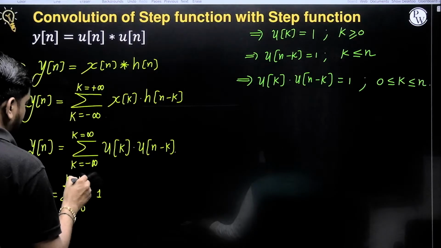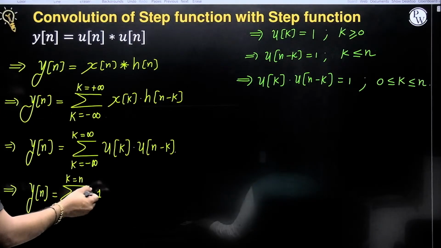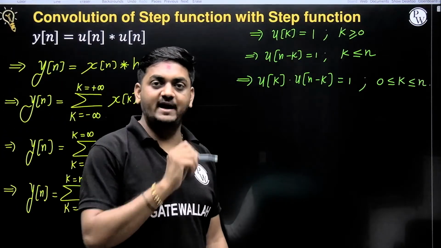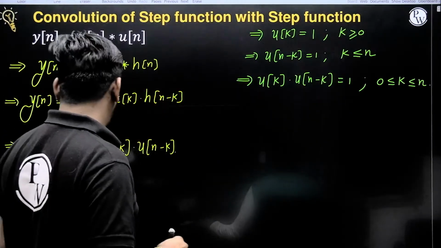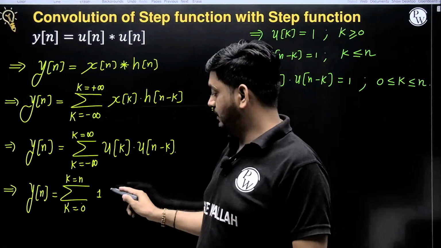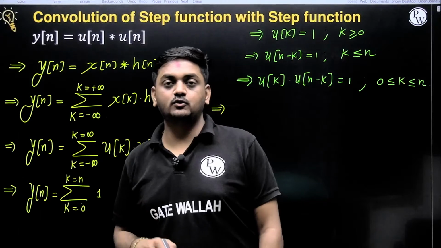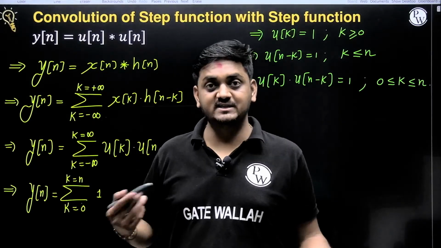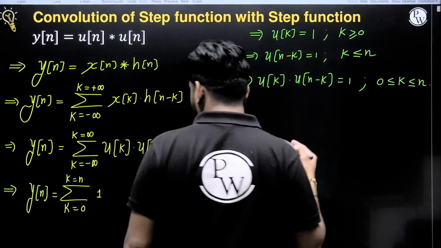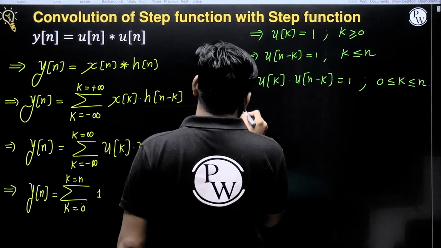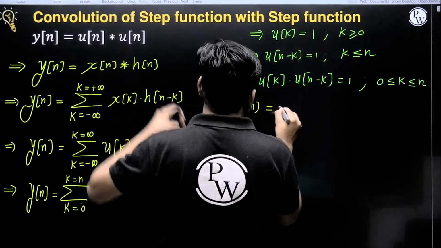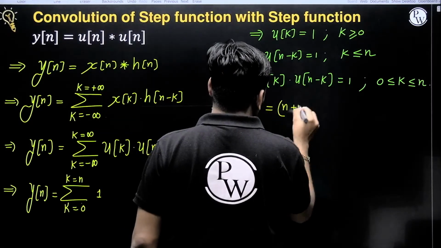You have to do the summation of 1, n times: 1 plus 1 plus 1 up to n times. But how many? It is n plus 1. Like summation of 1 from 0 to 5: how many times will 1 come? 6 times. So n plus 1 times. So that's why y of n will be n plus 1.